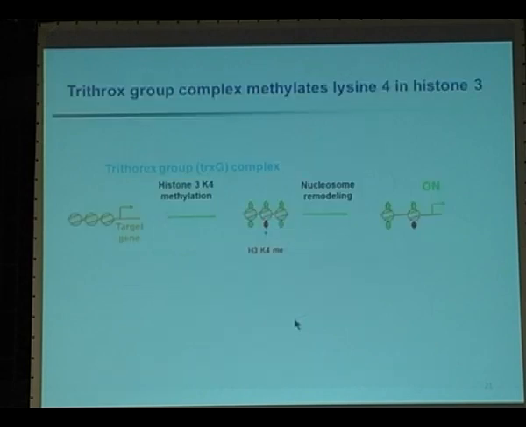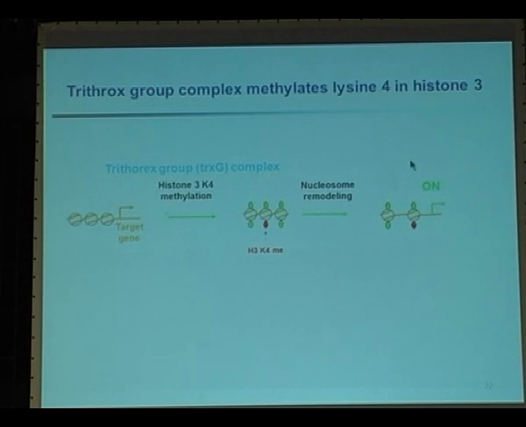Okay, I'll switch to the next chromatin remodeling protein. Chromatin remodeling, I told you, major modification is by histone methylation. So the histone will be either methylated or demethylated. There are 2 types of methyltransferase.